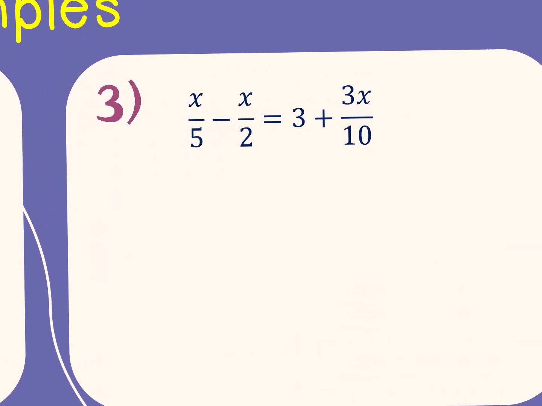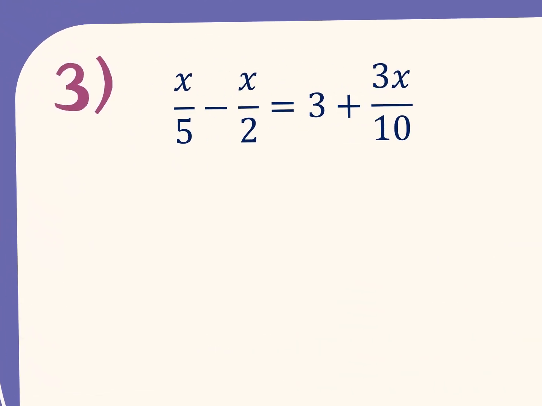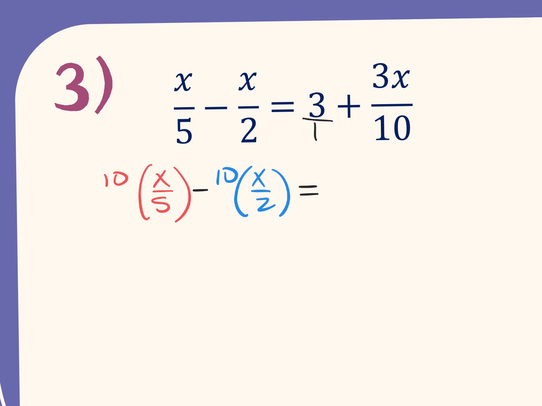So I need to find my common denominator between 5, 2, and 10, and that's going to be 10. So again, I'm going to multiply my first term by a 10, the second term by 10, and then I have the equal sign, and then I have 10 times 3, and then the last one, 10 times 3x over 10.